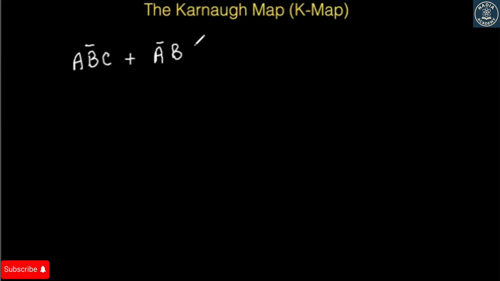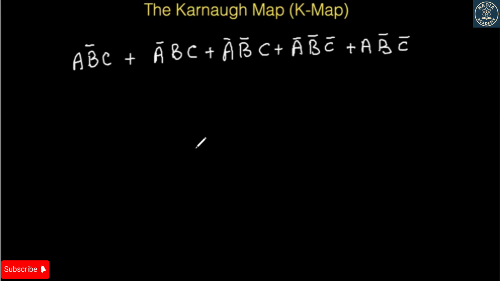Let me put up the other blackboard, and here we have our Boolean expression as follows. For example, we have A, B bar, C plus A bar, B, C plus A bar, B bar, C plus A bar, B bar, C bar plus A, B bar, C bar.